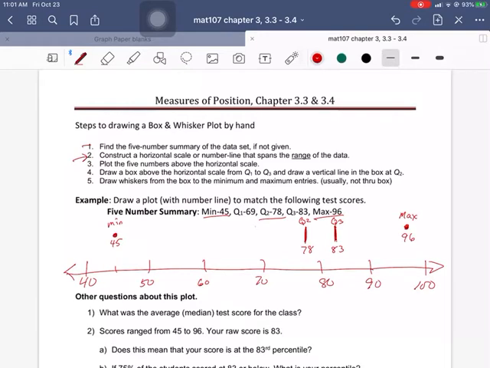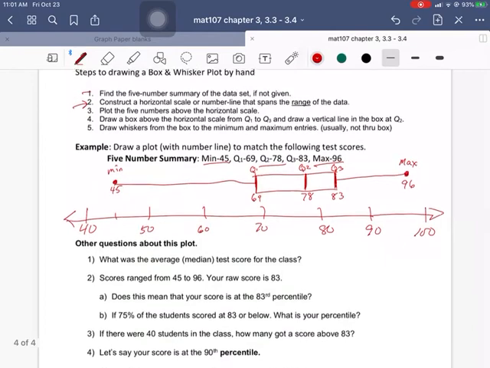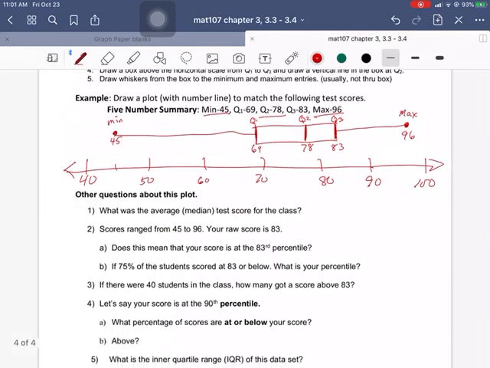And Q1 would be 69. Let's just put that there. So this is my box. And these are my whiskers. Okay, so that's proportional to this. What a nice visual of what the data is telling us.